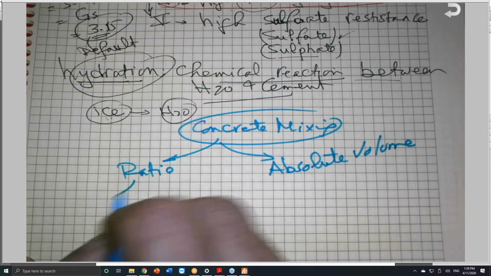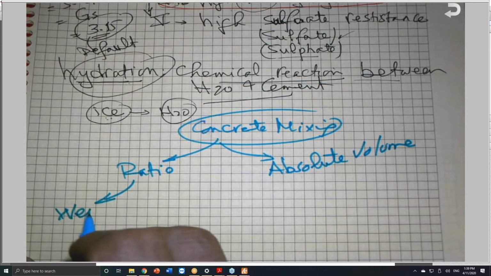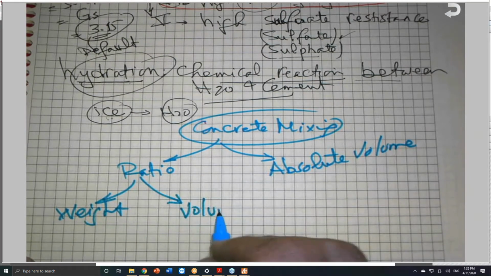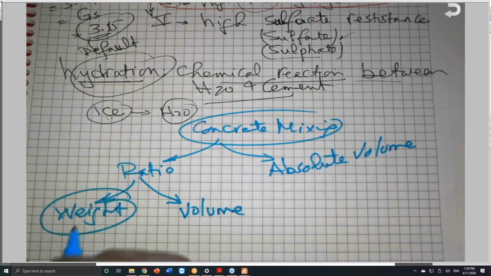The ratio could be by weight or by volume. I said this is the most common one.